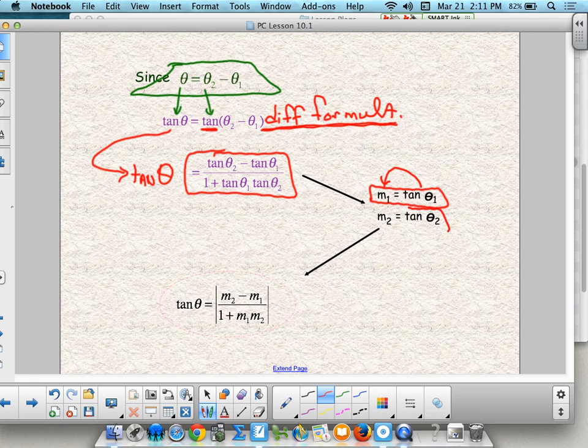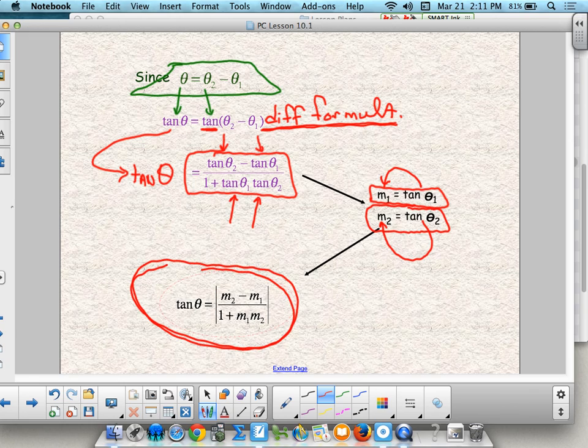Tangent of angle 2 would be equal to the slope of the second line. So every one of those tangents gets replaced with slopes. And this becomes the formula for the angle between any two lines.